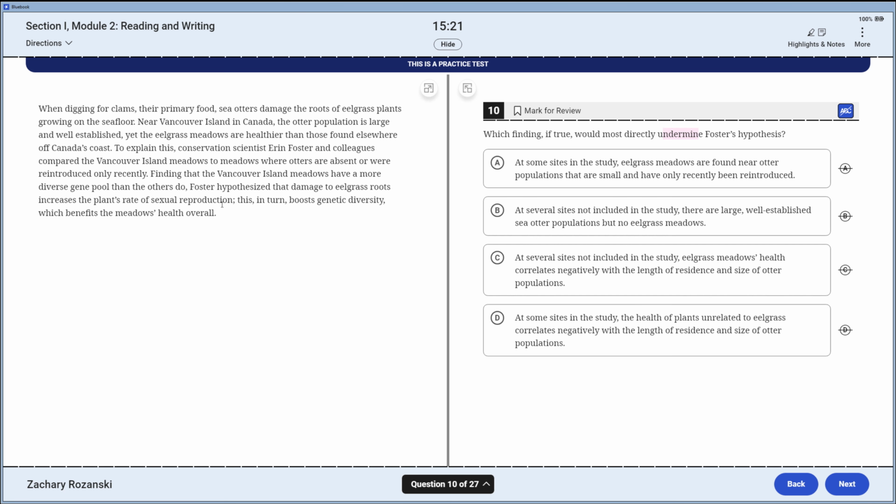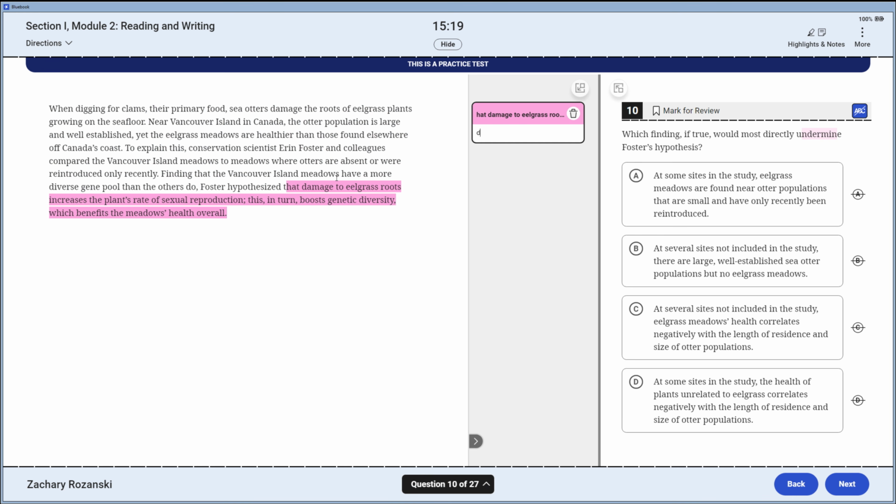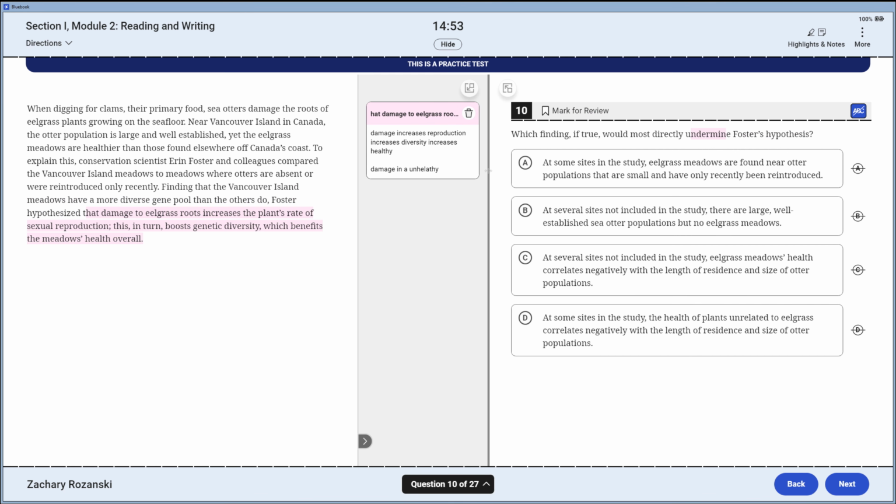What would undermine their hypothesis? All right, let's go looking for the hypothesis. They're going to say that damage to the roots increases sexual reproduction, which increases diversity and increases health. So we're going to undermine this by showing damage in an unhealthy meadow would kind of refute the hypothesis, so we can go look into the items.